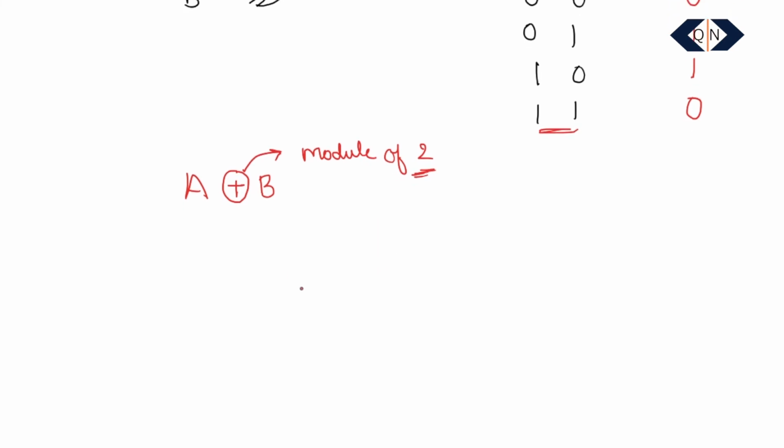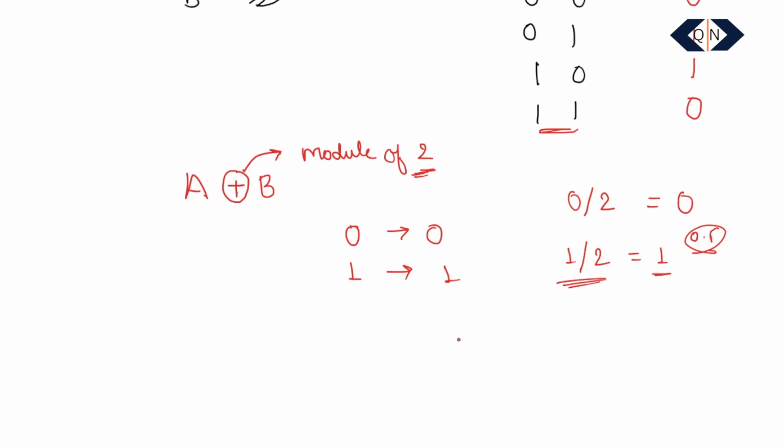If you want to represent 0, then its modulus of 2 will be 0, because 0 divided by 2 has remainder 0. If you want modulo of 1, then you will get 1, because 1 divided by 2 leaves remainder 1. Here we are doing integer division, so no case of 0.5.